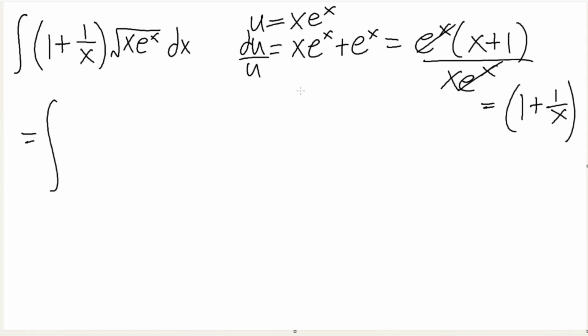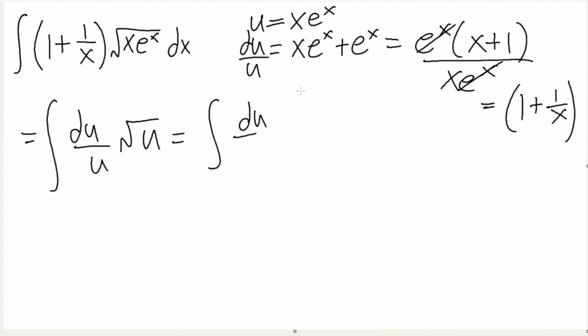So this here is du over u, and here square root of u. Simple integral. This is just 2 square root of x e to the x plus c.